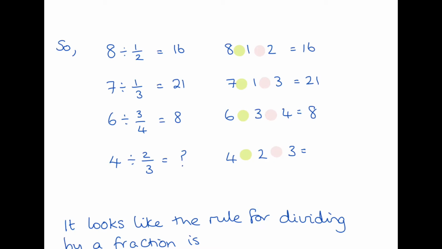Okay, what I want to think about is the numbers that we've got here are 8 and 1 and 2, and the answer is 16. So what do we do with 8 and 1 and 2 to make 16? Now we've seen already that we're only dealing with multiplying and dividing at the moment. So thinking about multiplying and dividing, what's going on here that makes 16?